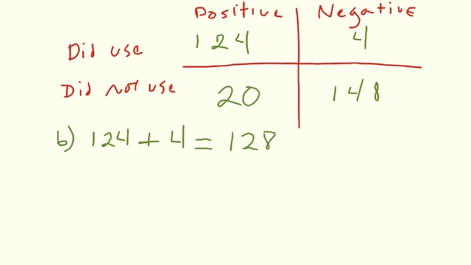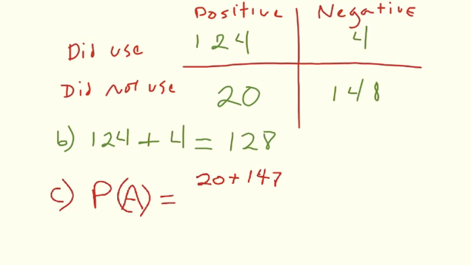So to calculate that probability, we'll call it the probability of event A happening, where A would be the event where we pick somebody who did not use the drug. We would say that's 20 plus 148. These are the number of people in our study who did not use the drug, divided by the 296 people who were in the study altogether.